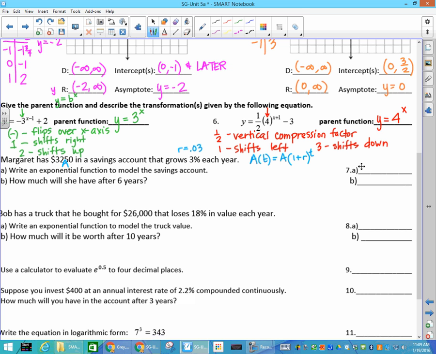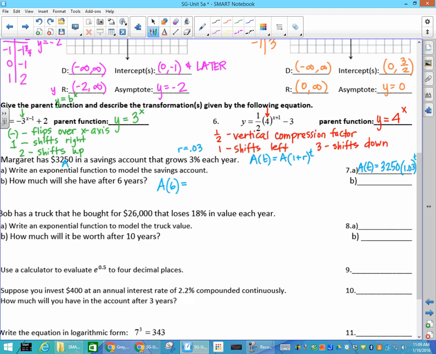So when I plug that in, that's going to be A of t equals a, which is 3250. Yikes, I'm going to run out of room. 1 plus 0.03 would be 1.03 to the t. Okay, so that is a function that models the savings account. How much will she have after 6 years?